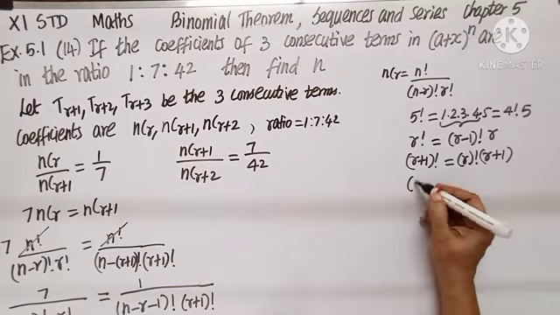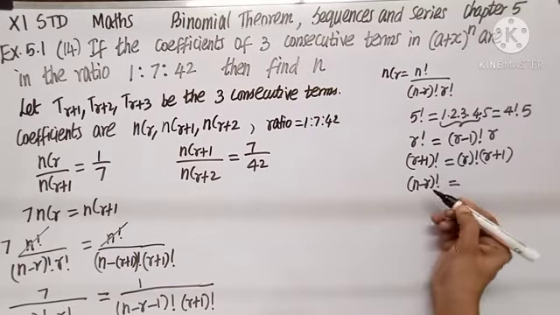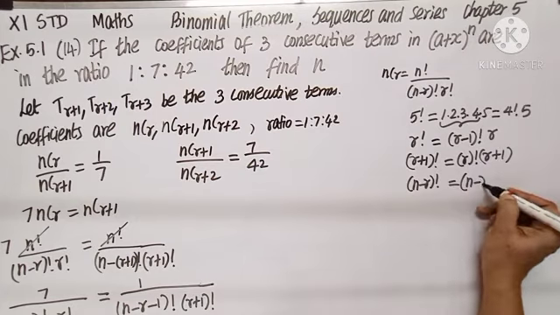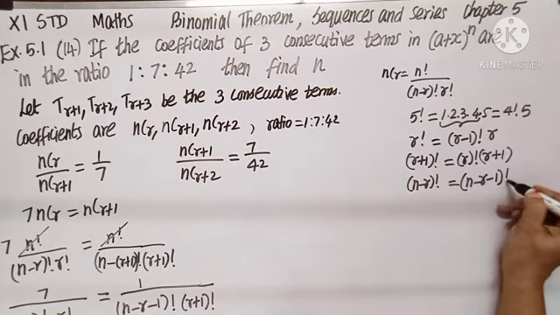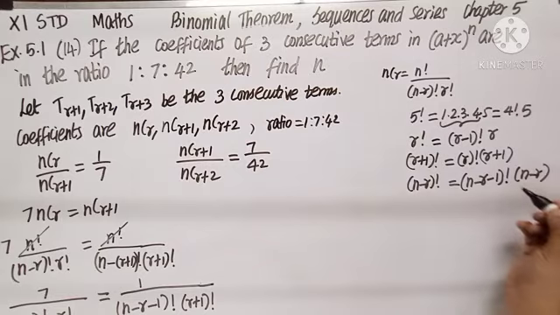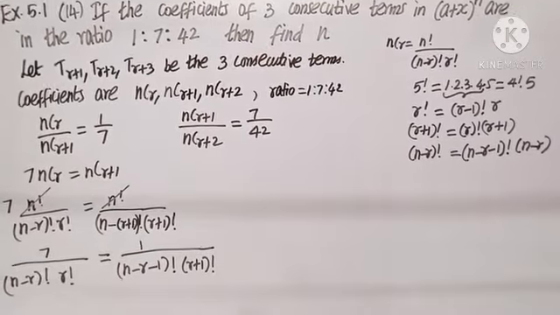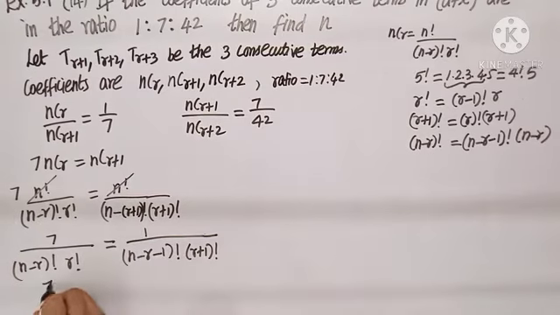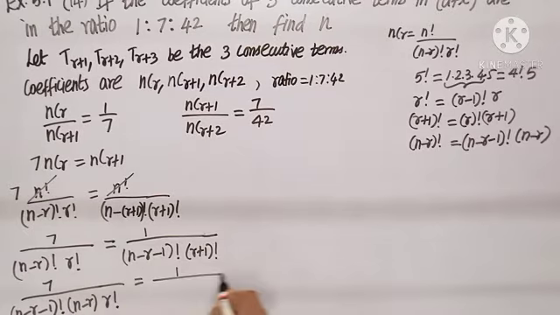What would be (n minus r) factorial? The previous number: (n minus r minus 1) factorial into (n minus r). So applying this idea here, I can write it as 7 by (n minus r minus 1) factorial into (n minus r) into r factorial.